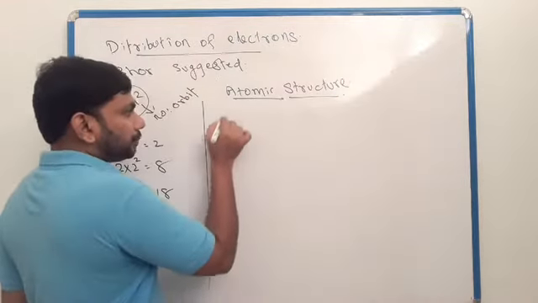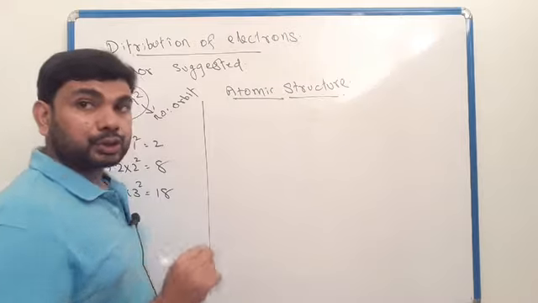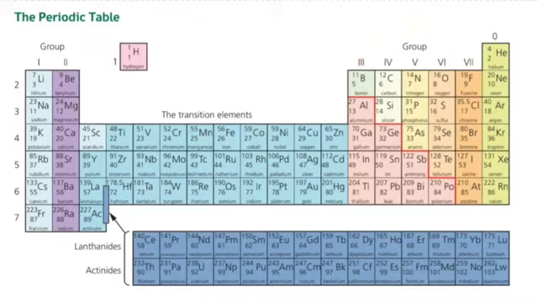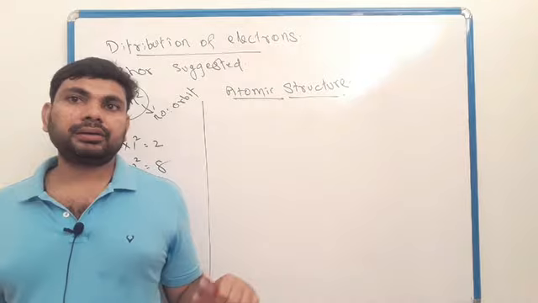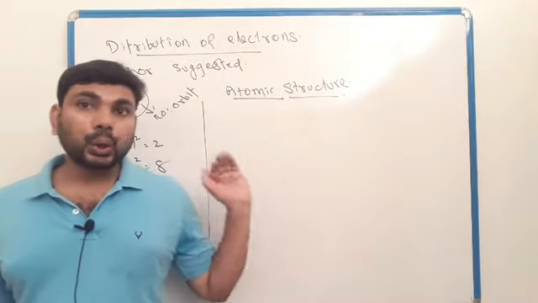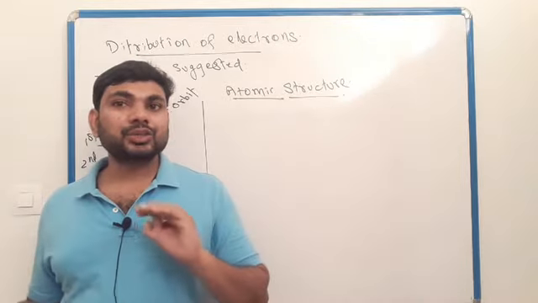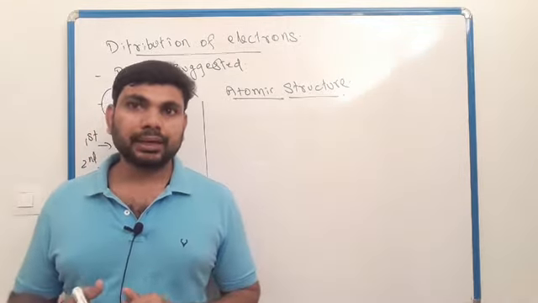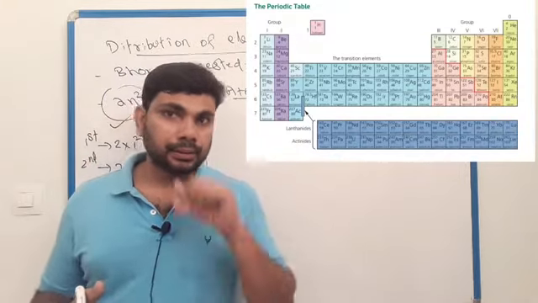Here I told you about the periodic table before. You can see this is the periodic table. Using this periodic table you can find different types of elements. There are more than 118 elements, with their symbols, atomic numbers and mass numbers.